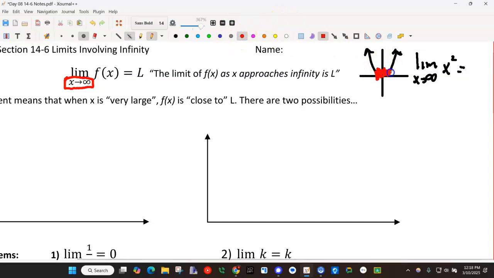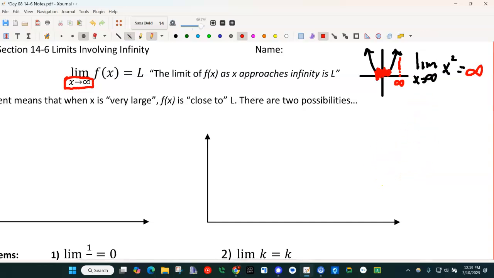I don't care about what's happening at 0, 1, 2, 3, 4. We're talking about infinity. What happens when we get to a really, really big number? We have to imagine what happens way out there. And we already know that this graph just keeps on going up and up forever. So this will just go to infinity, just like that.